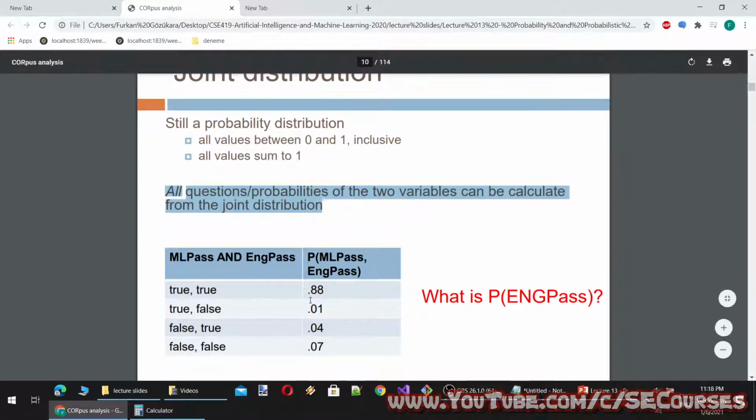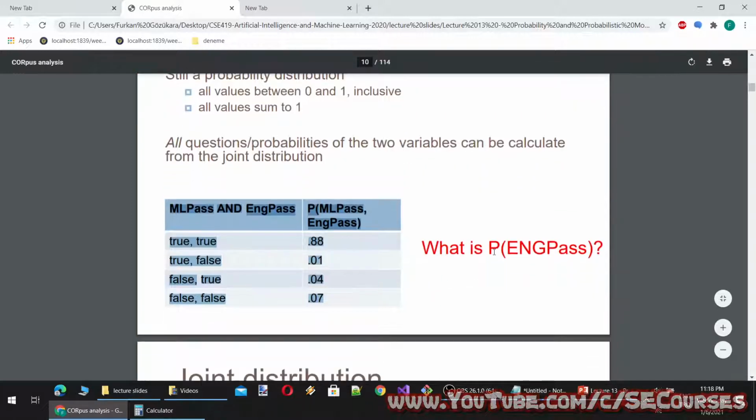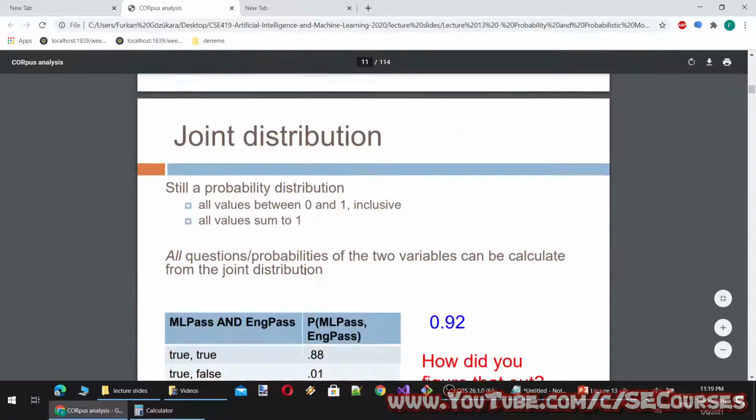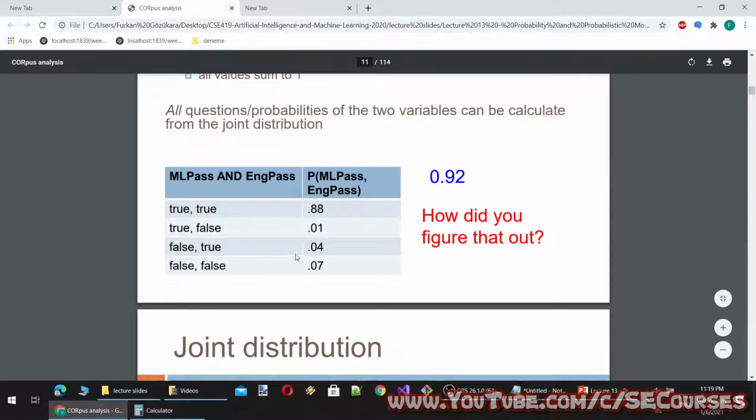From this joint distribution, we can calculate the probability of passing English alone. So this is the joint distribution table, and from here we can calculate the probability of passing English. How can we do it? It is simple actually. We look at the rows in which the English pass is true.